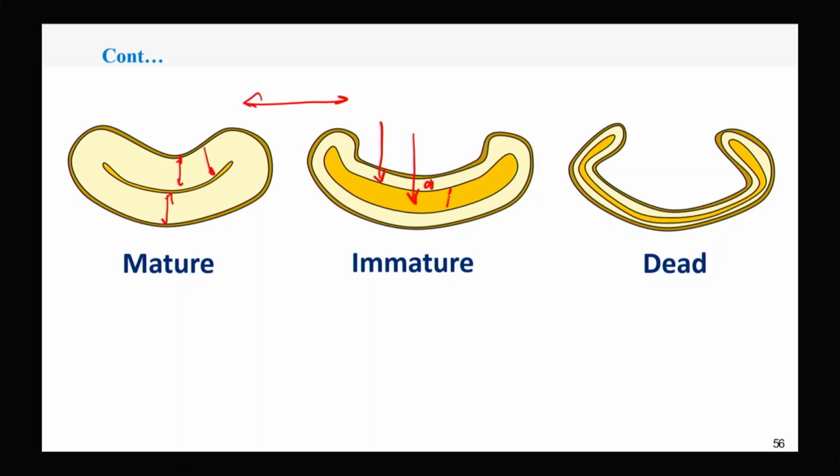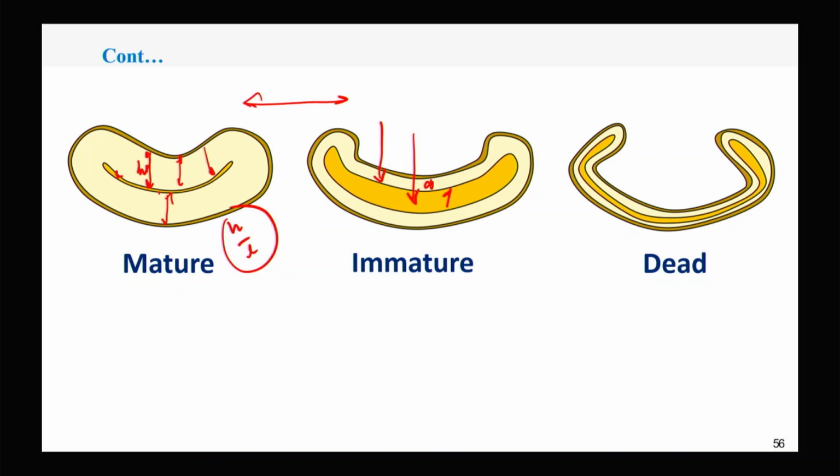The secondary wall represents the thickness, and the lumen represents the level of maturity. Suppose this is the wall thickness H and the lumen thickness L. Then H by L is a representative of the maturity level.